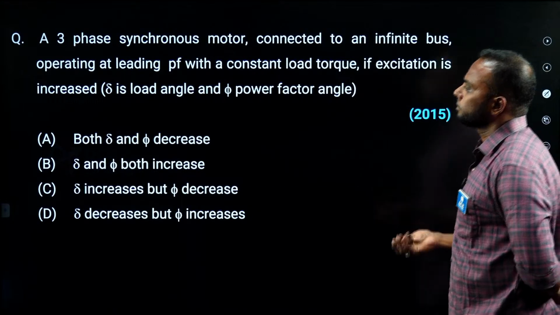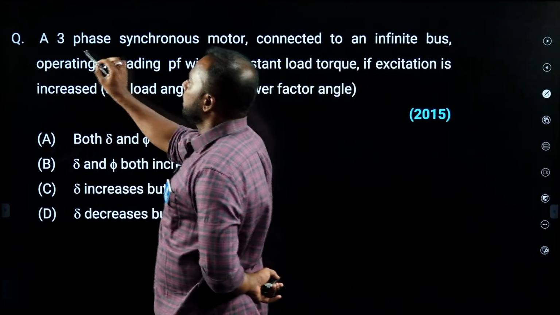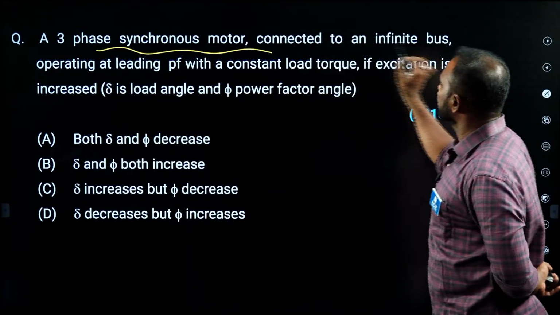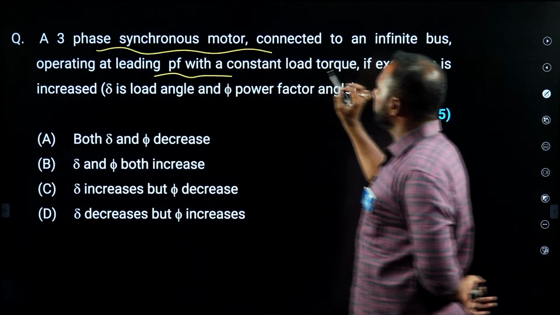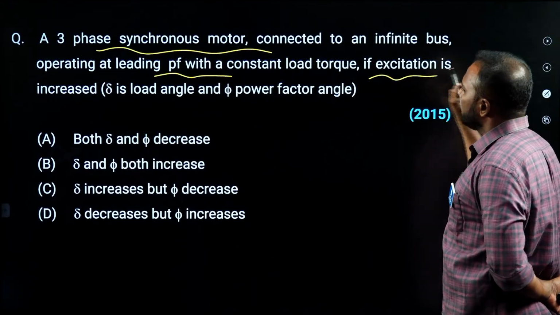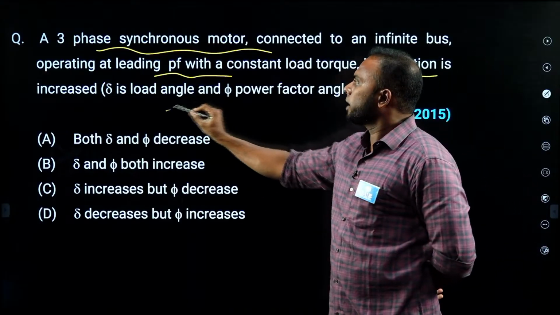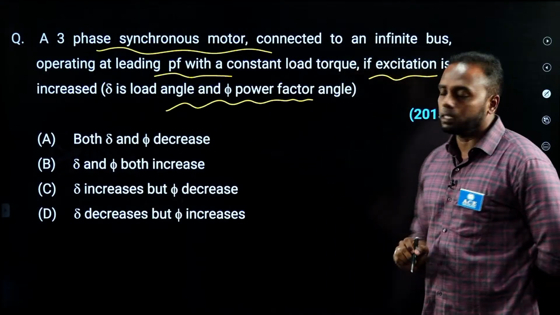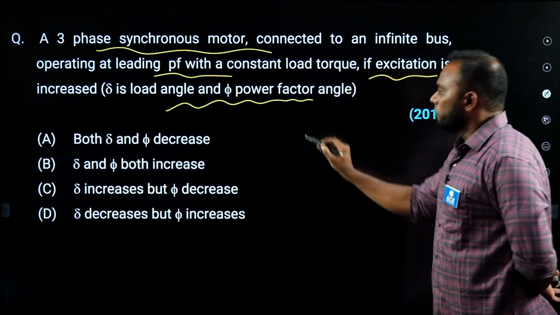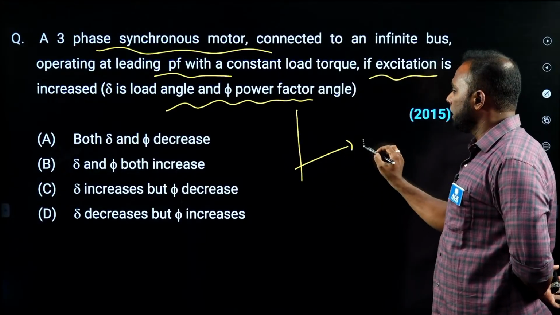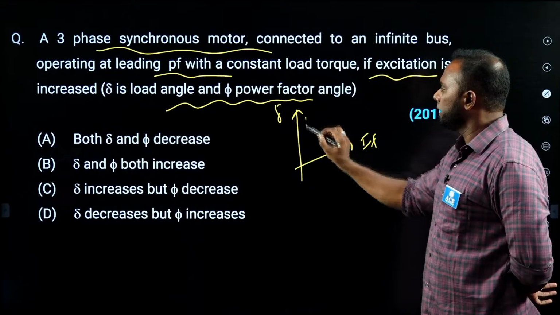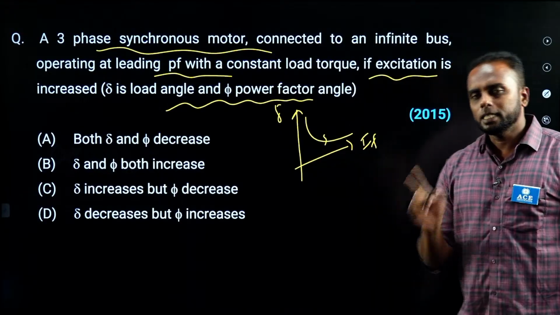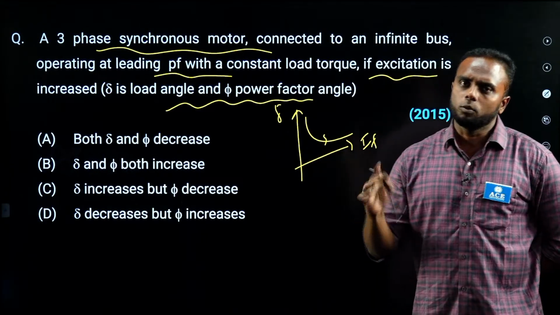Next, read this question. A three-phase synchronous motor connected to an infinite bus is operating at leading power factor with a constant load torque. If excitation is increased, what happens to the load angle and power factor angle? We know whenever excitation increases, meaning field current increases, the load angle definitely decreases. This is the curve. When excitation increases, load angle decreases, whether it is motor or generator.